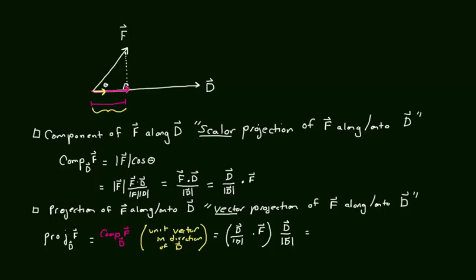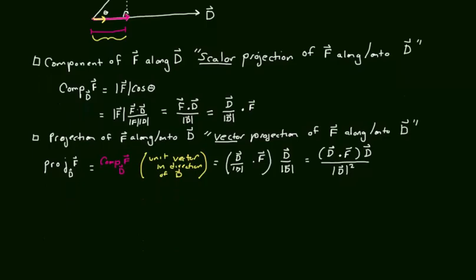And then we just have to order this around a little bit. Vector d dot vector f, let me highlight that dot, times vector d all over the magnitude of vector d squared. And there is our second formula, which I will summarize below here.